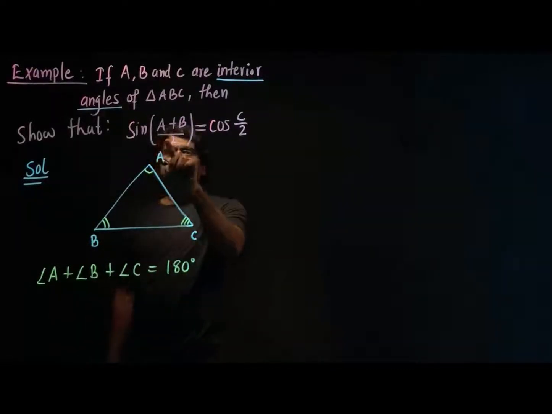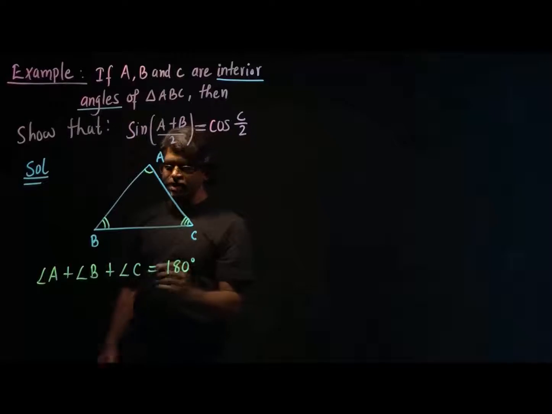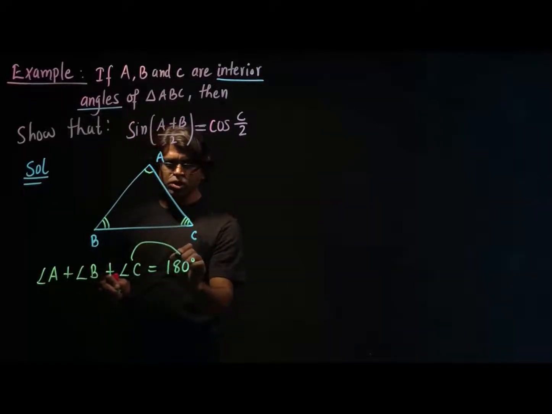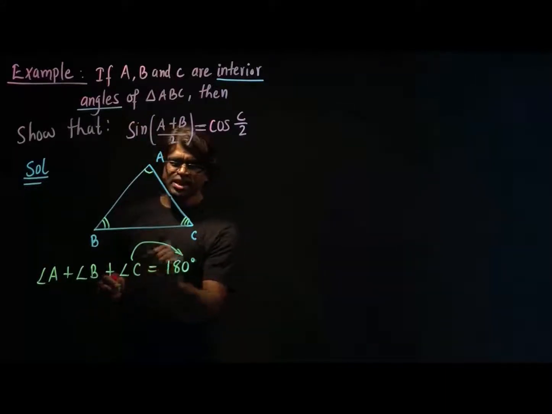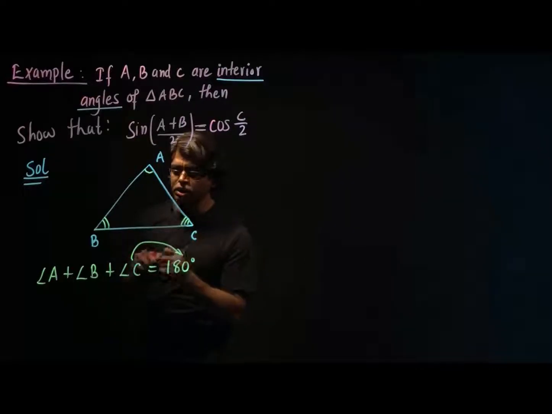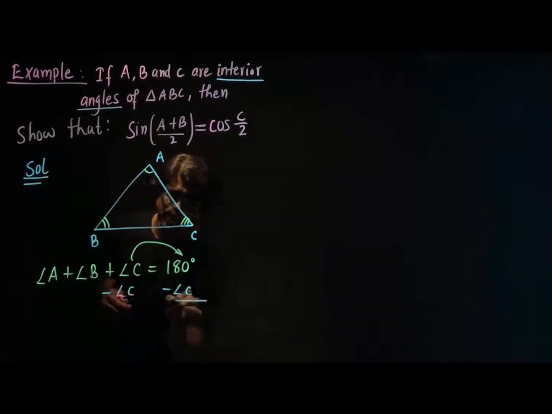Now, look at the question. The question is sine (A plus B) over 2 is equal to cosine C over 2. So what they have done is separated C from ABC. So I'm going to take angle C from this side to this side, and in order to do that, I can subtract angle C from both sides.